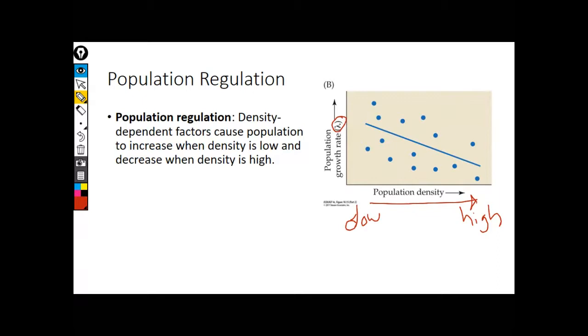Imagine somewhere in here being more or less 1, or no growth, right? Below here, you would have decreasing. And above that bar, we have increasing, or large lambdas, lambdas greater than 1.